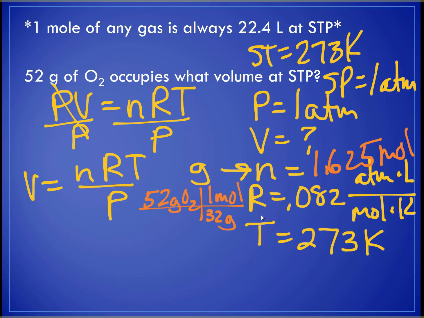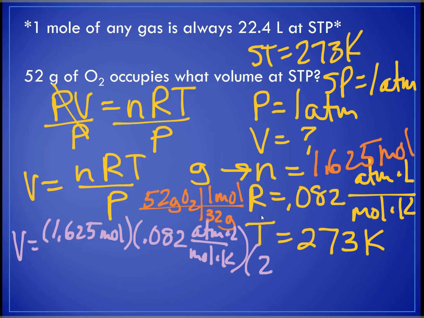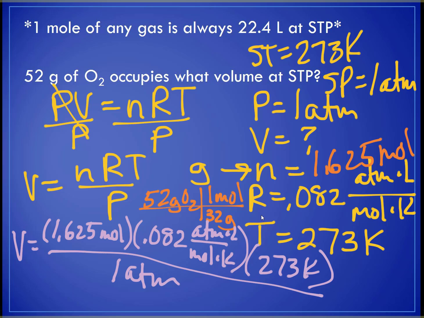All right, let's go ahead and plug into our volume here. So our moles, we have 1.625 moles. Our R is 0.082. And go ahead and add all the rest of the values. Let's cancel out our units.